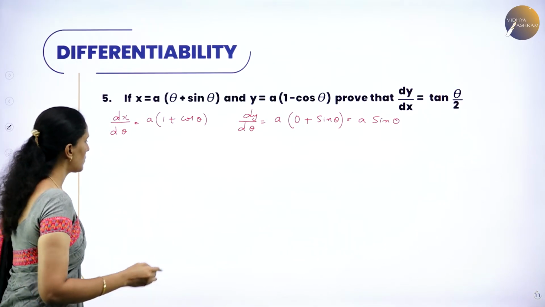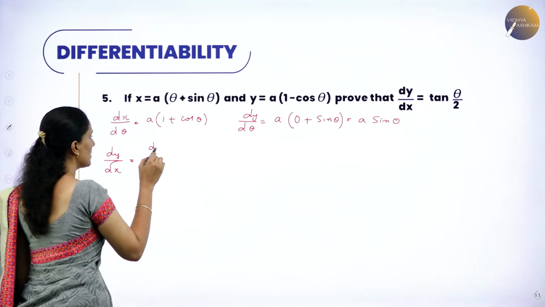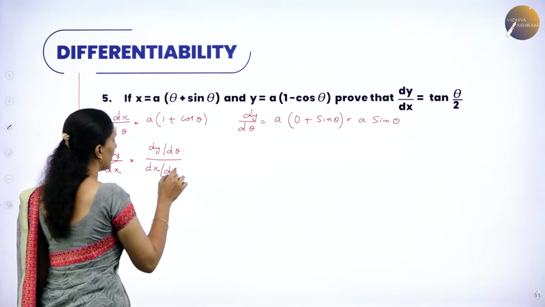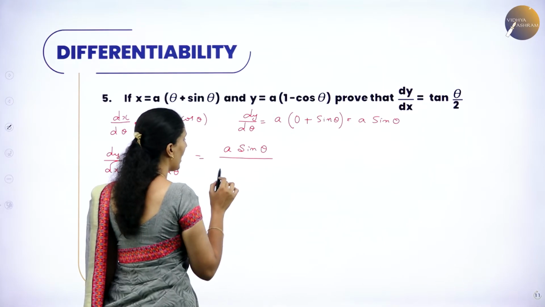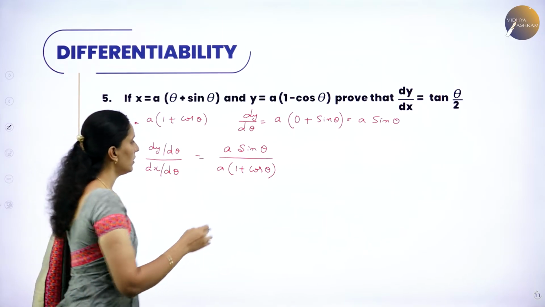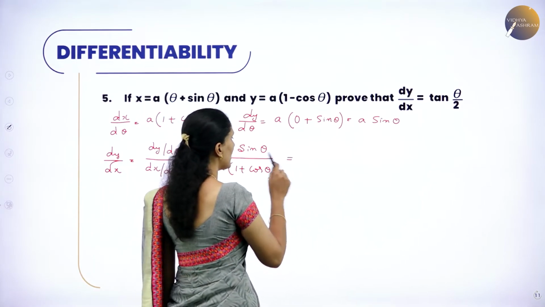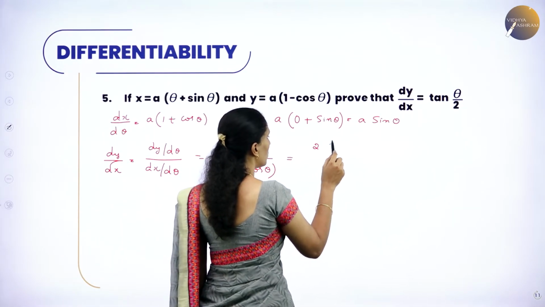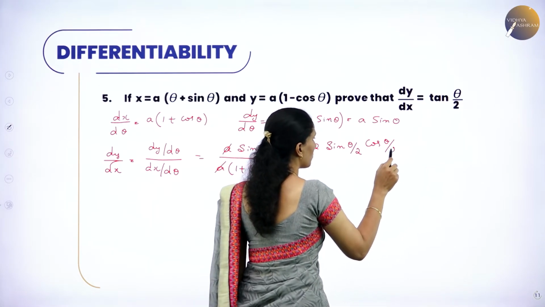Now let us substitute it in dy by dx. So dy by dx can be written as dy by d theta divided by dx by d theta. dy by d theta is a sin theta and here we have a into 1 plus cos theta. Now here a gets cancelled. So here we have sin theta, which can be written in the form of a multiple angle formula, that is 2 sin theta by 2 cos theta by 2.